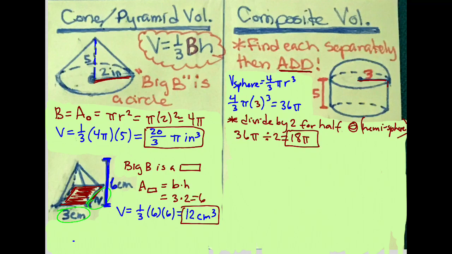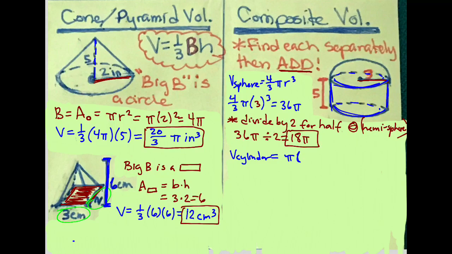But we cannot forget we have a second figure here, which is this cylinder at the bottom. So we have to find the volume of this cylinder. Our second one is the volume of a cylinder formula. If you look at your formula sheet, you could use the one directly on there, or you could use the big B, but all big B is a circle, so it's pi r squared.